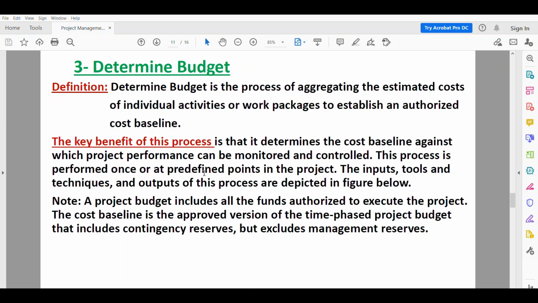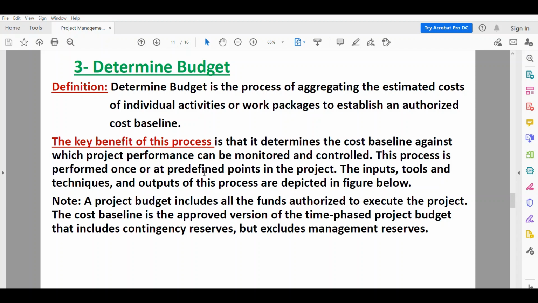So the definition here is the process of aggregating the estimated cost of individual activities or work packages to establish an authorized cost baseline. So when we estimated the cost, we estimated for each package or each activity.